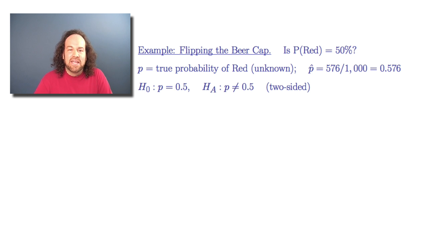So now our null hypothesis will be that p is actually 0.5, and our alternative hypothesis will just be that p is any other value besides 0.5.